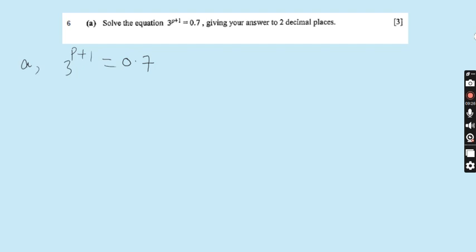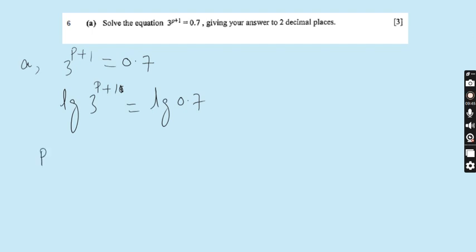Very easy. Taking logarithm on both sides, LG stands for log with base 10, p plus 1 times log 3 is equals to log 0.7.